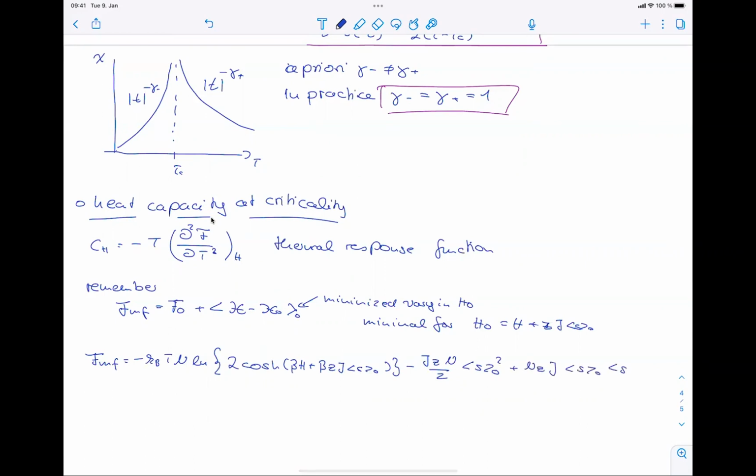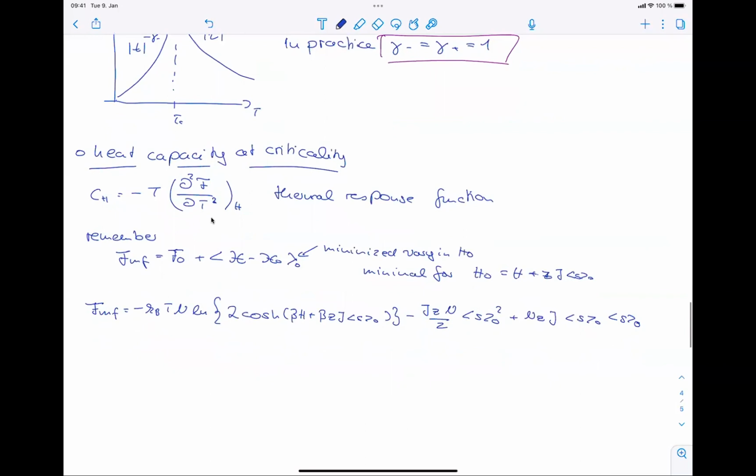We had them written down when we looked to find this expression, which I can simplify these two latter terms as minus kB T.